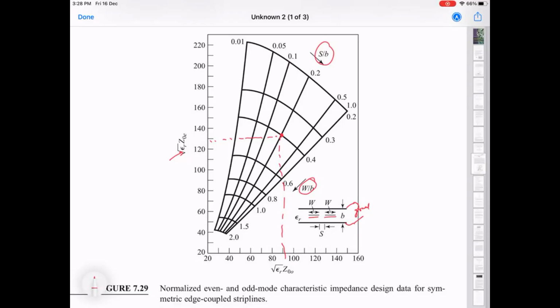What should be the same? Z0 for even and odd if they're far. But same and equal to what? No. We are saying the individual transmission lines have characteristic impedance Z0. So you're saying that odd mode impedance is Z0.